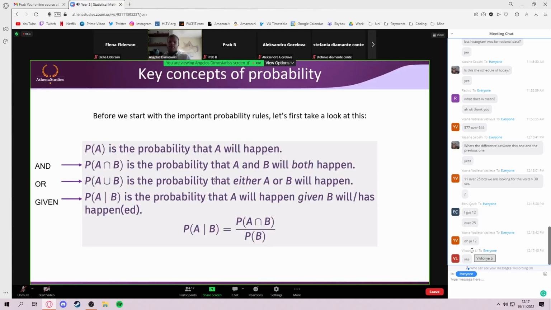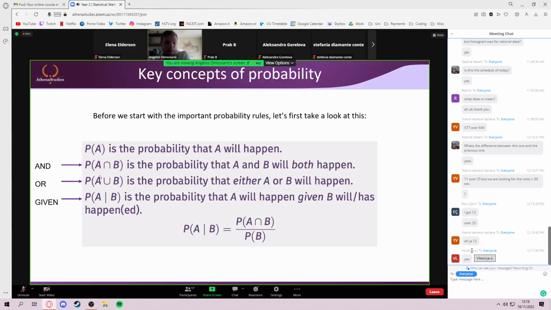All right, so let's dive in more to the probabilities. First, let's discuss what these symbols are and what they represent. The probability of A, the way we talk about that, is the probability that event A will happen. But now we can also introduce another event.